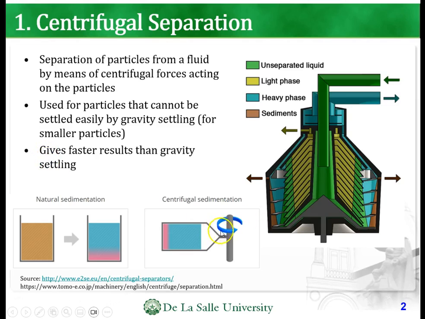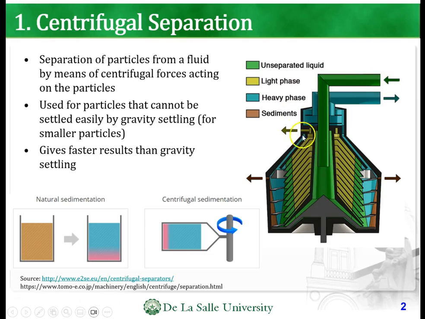So as per the name, it implies we use centrifugal force, so there is a rotation. You can also observe the separation here. When you look at the figure, you can see that the slurry, the liquid that contains the solid particles, is fed into the separator.